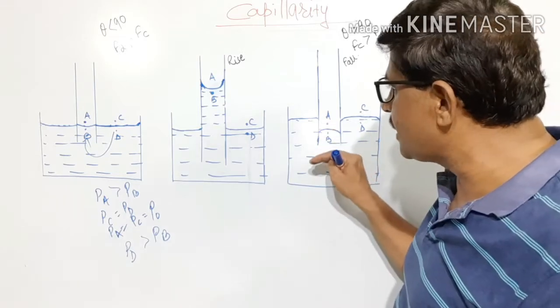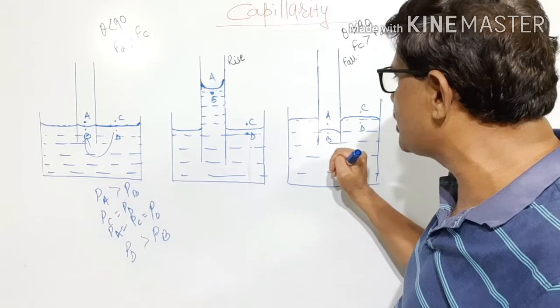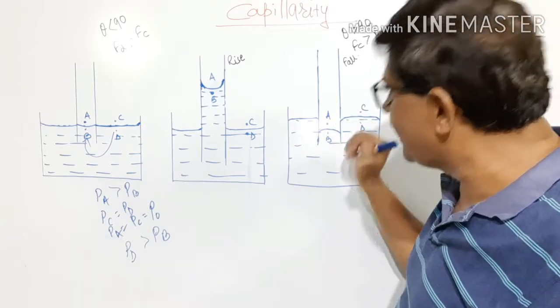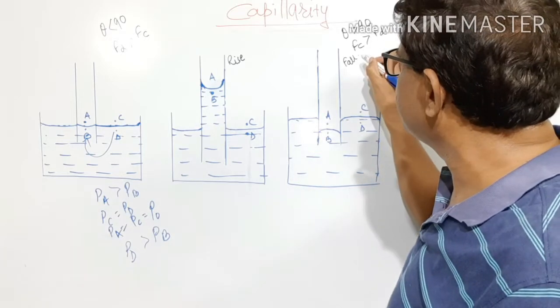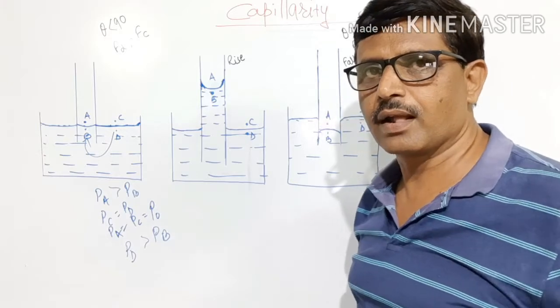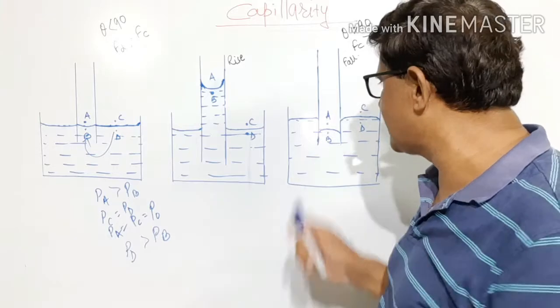Now, in a similar manner, with the help of pressure difference, we are able to explain why the liquid surface is convex in a case when liquid does not wet the solid. For that, we will consider this example.